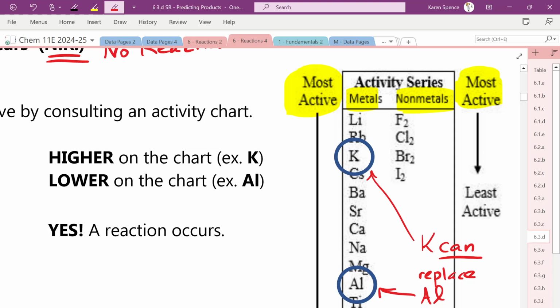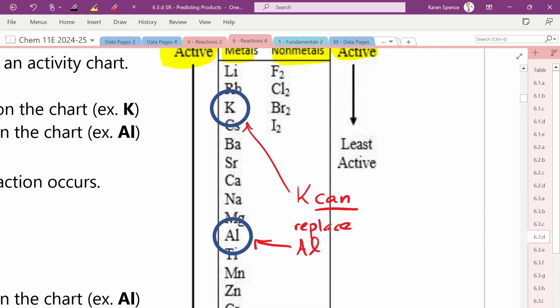So K could kick aluminum out of a compound. Could aluminum kick K out of a compound? No. Okay? Al cannot replace K.